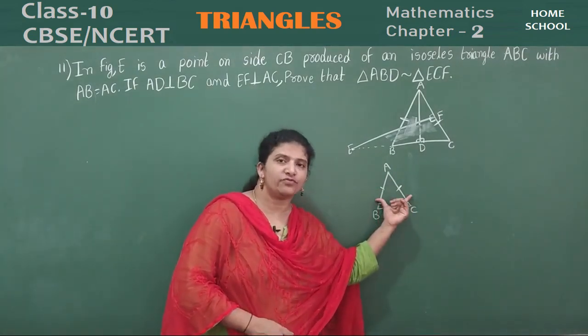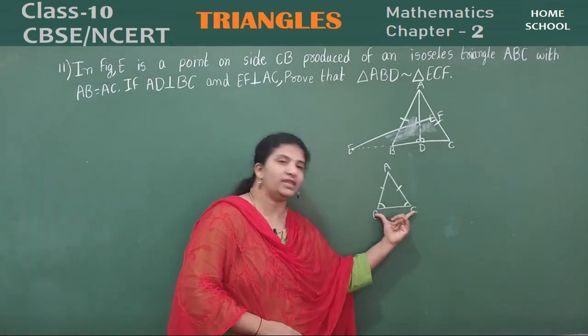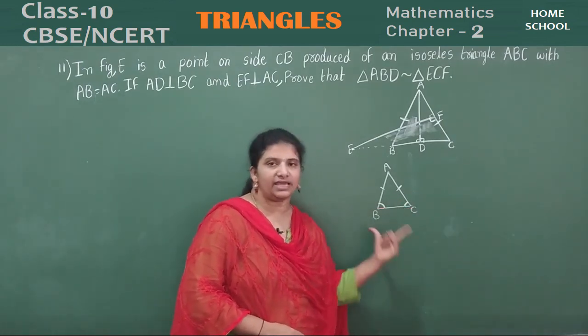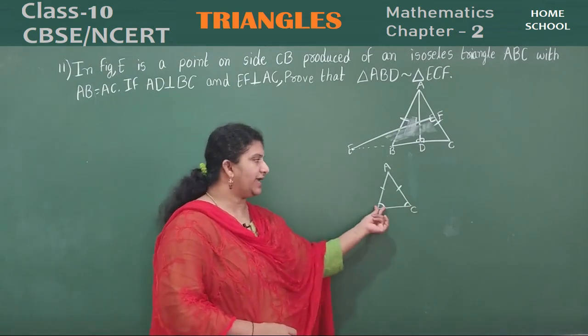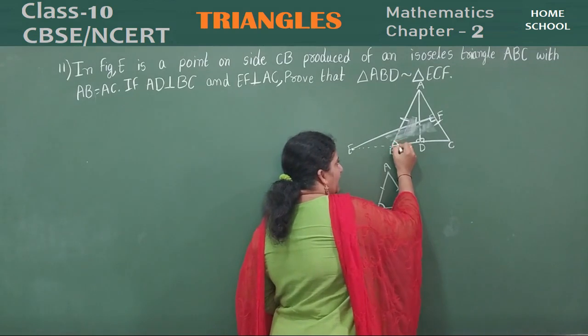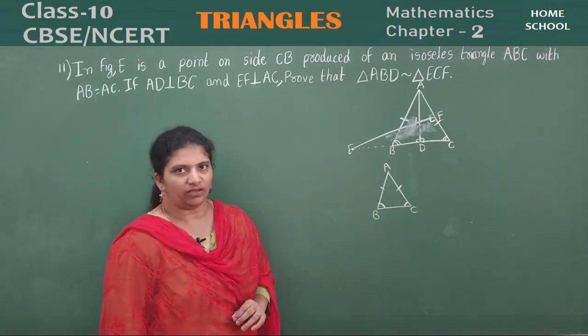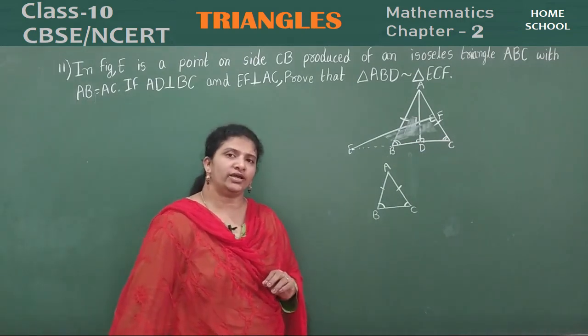If two sides of an isosceles triangle are equal, then their opposite angles are equal. So now angle B is equal to angle C. I'll mark them equal.